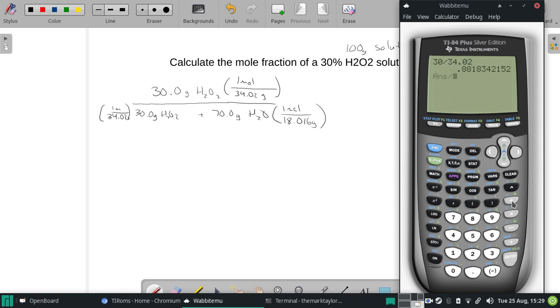And I'm going to divide this number by, well, I need that number again, but I also need to add. I'm going to make sure I get this right, so I'm going to use another set of parentheses, 70 divided by 18.016, and close both sets of those parentheses, and get my answer.